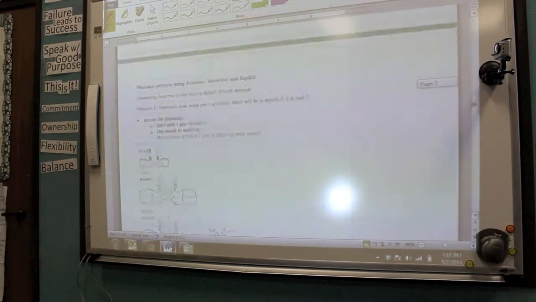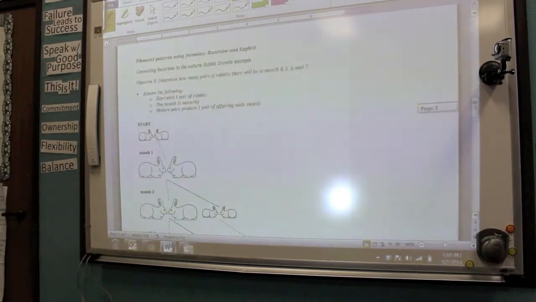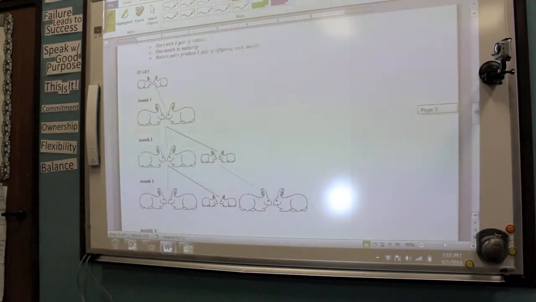Moving right along. The students are then going to work collaboratively on looking at the Fibonacci sequence in what is actually the reproduction of bunnies, from month to month.